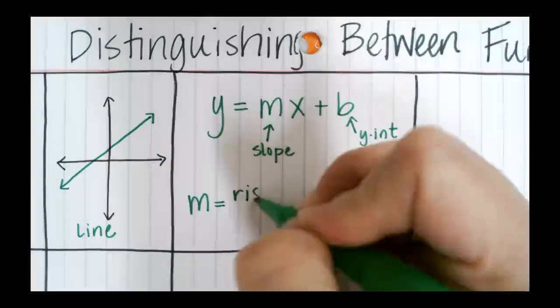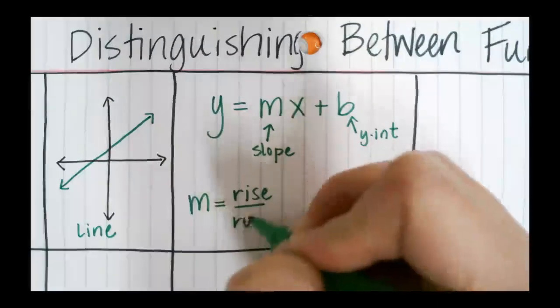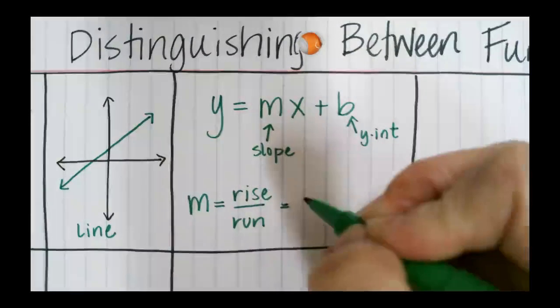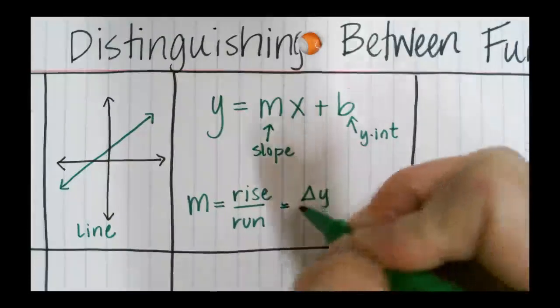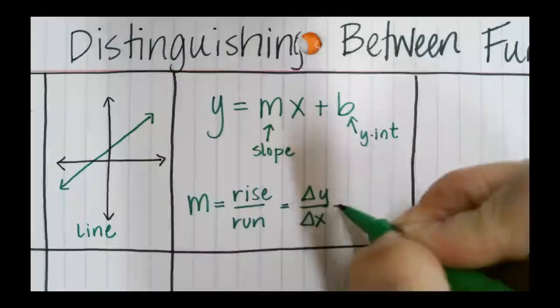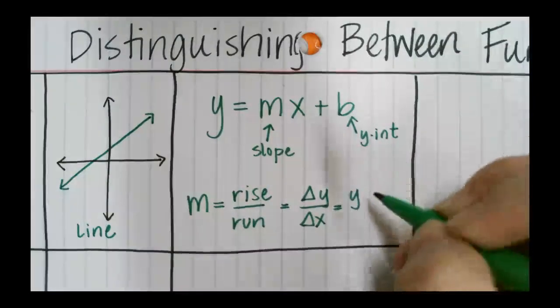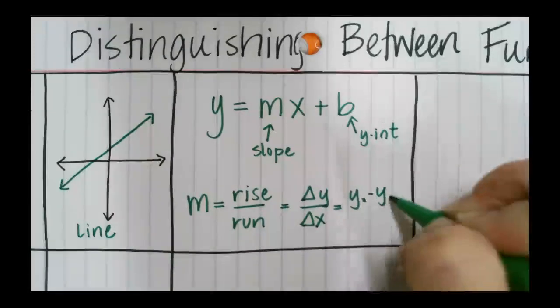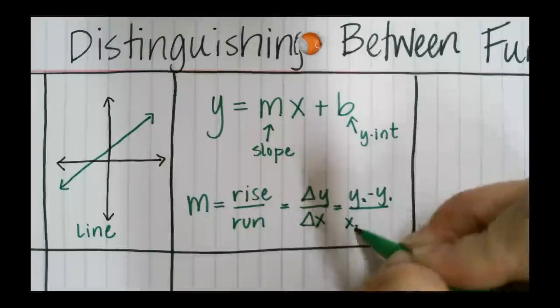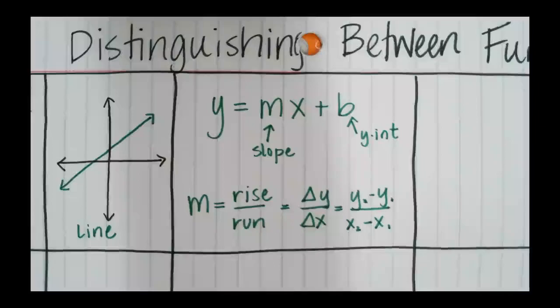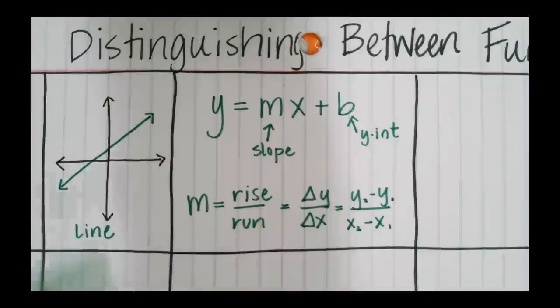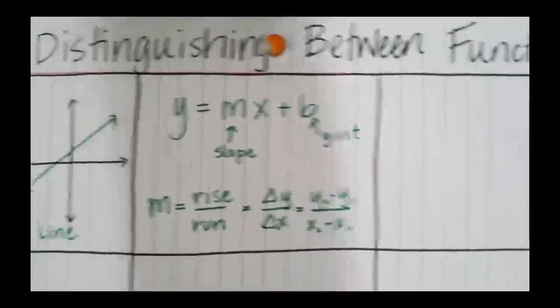You probably remember it as rise over run, or maybe delta y over delta x, or even (y2 - y1) over (x2 - x1). That's really the equation that we use when we talk about linear functions. That's what you learned last year.